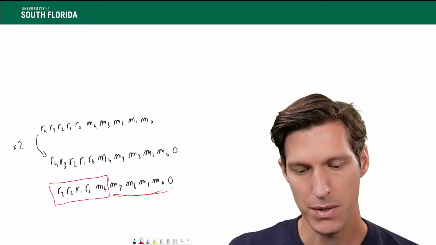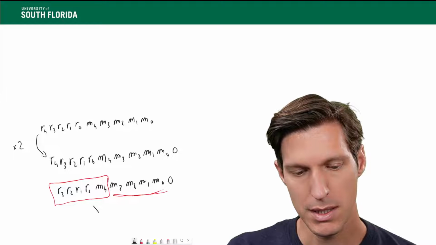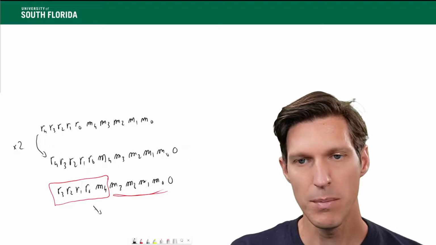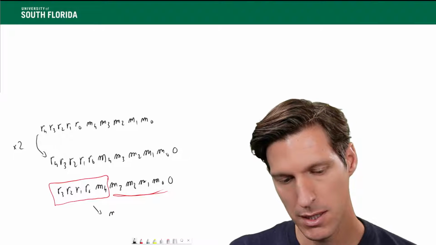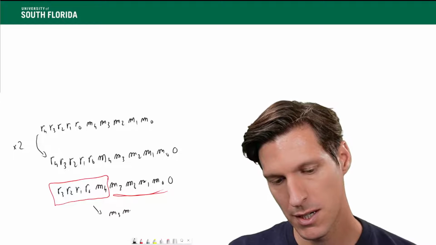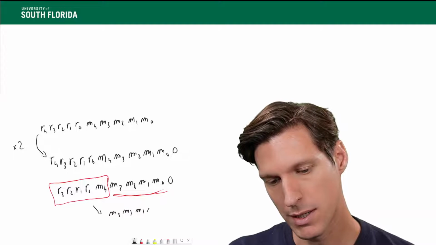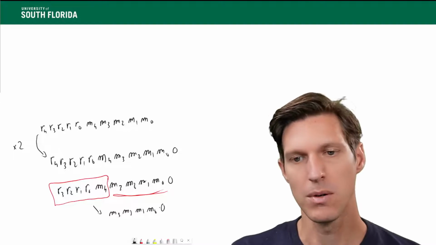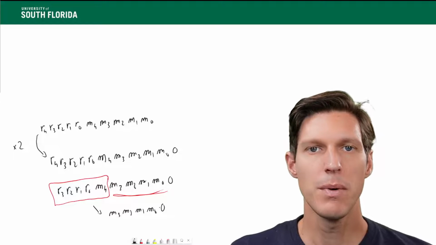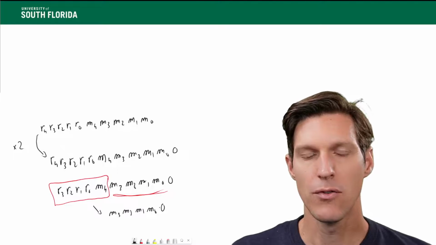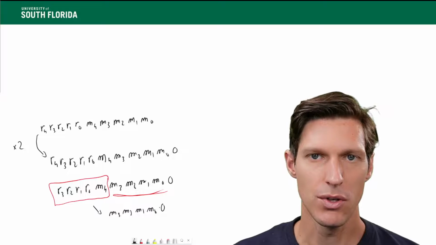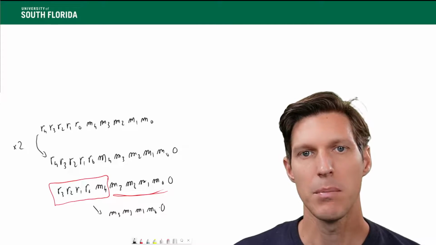So you would hope that the message that is decrypted is M3, M2, M1, M0, 0. So basically, you take the first 3 digits of the message and then append a 0.